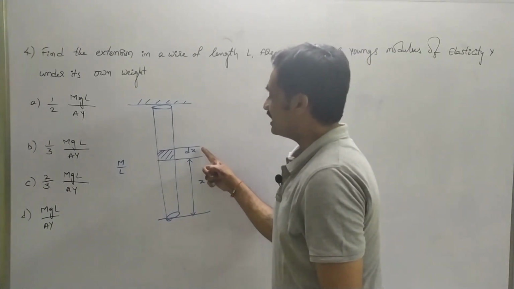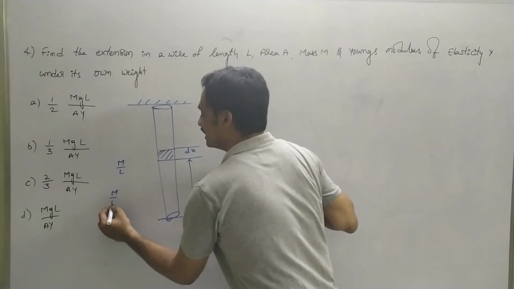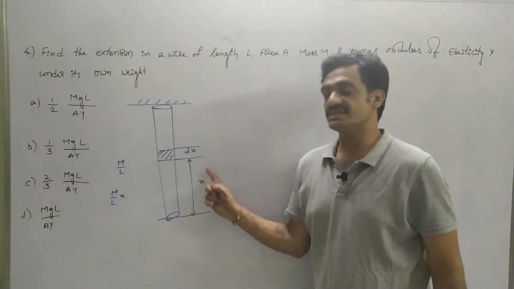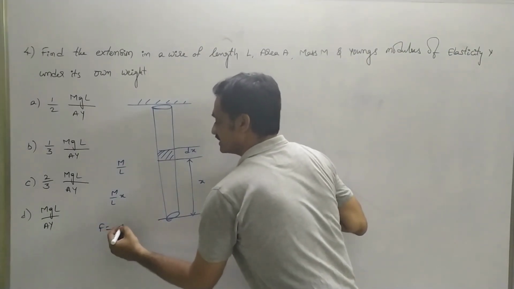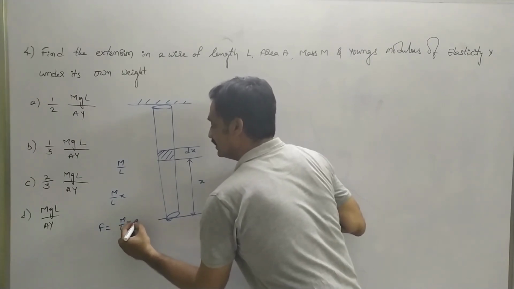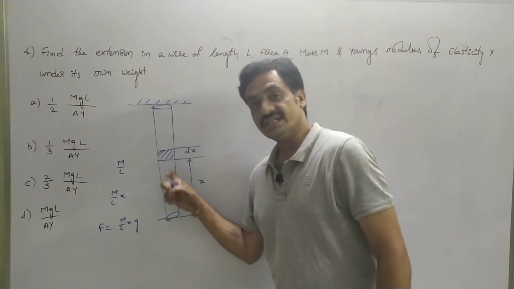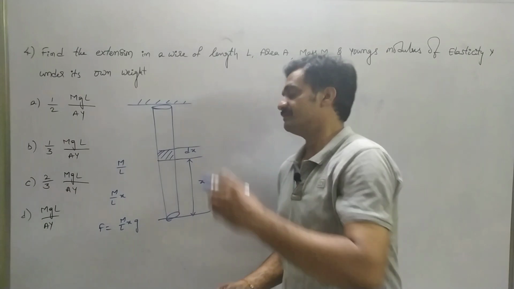Now the mass present at this location is given as (M/L)·x, where x is the distance from the other end. Then force is given as (M/L)·x·g, because based on this weight itself the wire is extending.